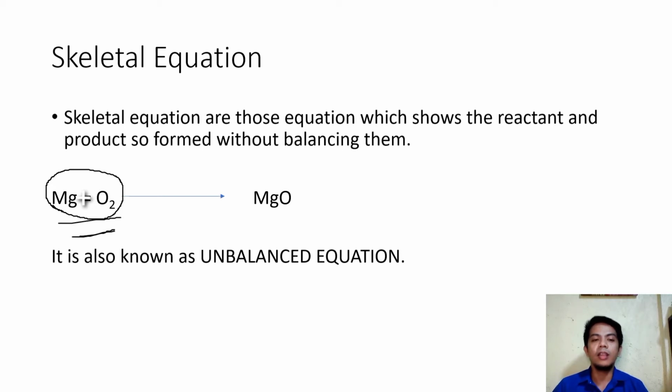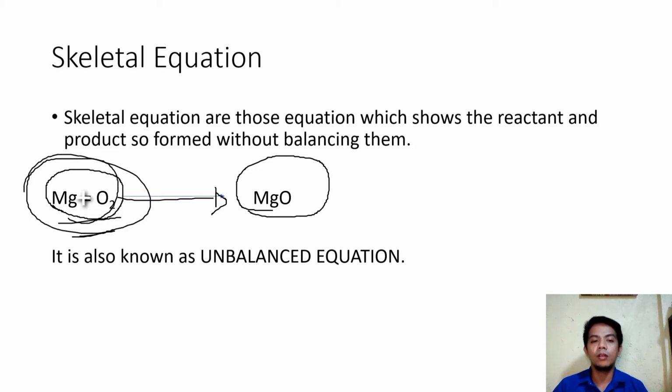The product of magnesium and oxygen is magnesium oxide. It means that a skeletal equation is the formation of a product from two reactants without balancing. It is also known as an unbalanced equation.